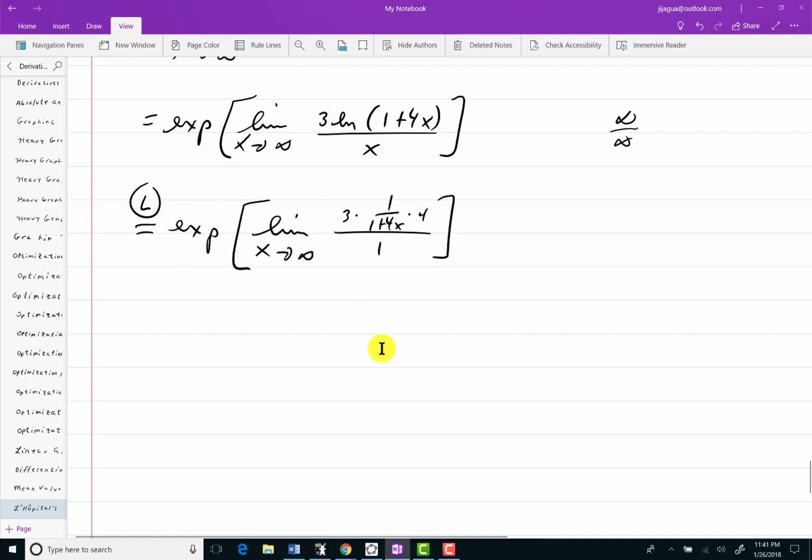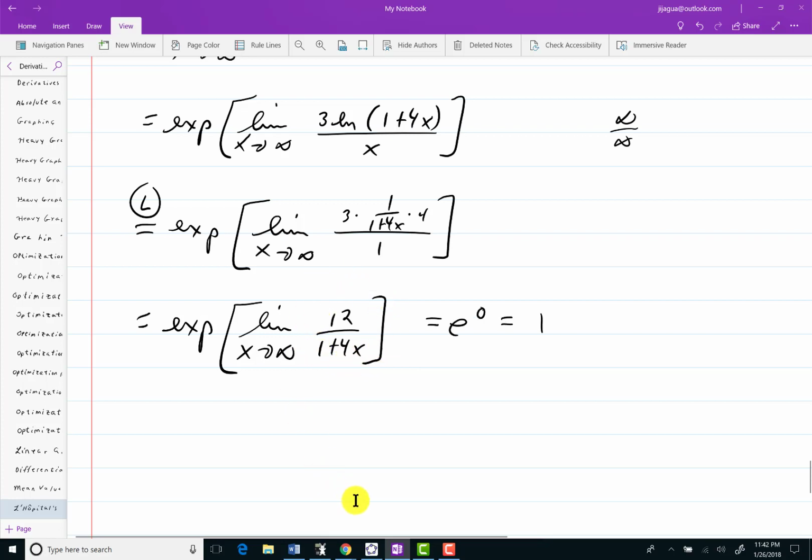Well, this is a really simple one. I'll go ahead and rewrite it so that it's evident. I'll get 12 over 1 plus 4x. And you should know this by now: if you only have a variable in the denominator which is going to infinity, then the whole thing goes to 0. So this equals e to the 0, which equals 1.